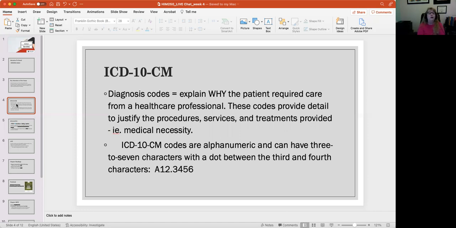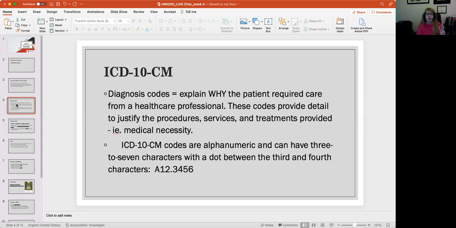What can I do for you?" Go, "Nothing, I just missed you. I wanted to see you." Nobody does that. And even if they did, nobody's paying for it. Okay. So you have to have a valid reason to see a medical professional. And remember, ICD-10-CM codes.